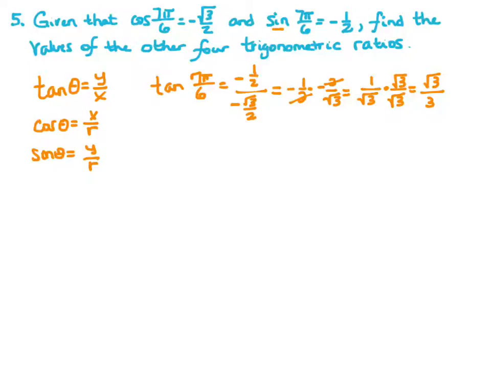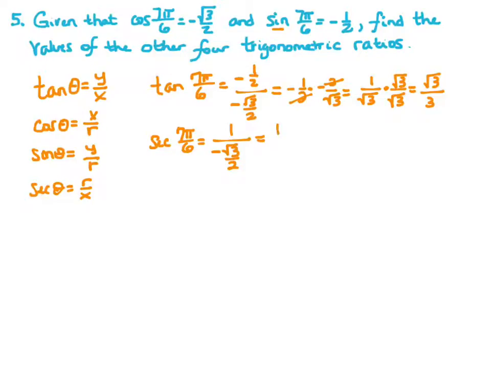We also need to find our secant value. And secant theta, secant is the reciprocal of cosine, which is r over x. So secant of 7 pi over 6 is going to be our r, which is 1, over the cosine value, which is negative square root of 3 over 2. So again, we are dividing with fractions, so we're going to multiply by the reciprocal.